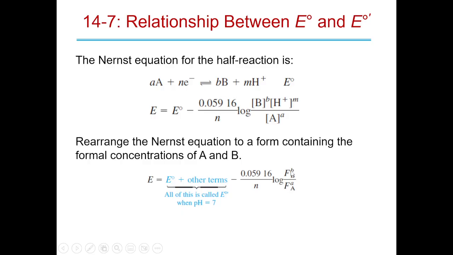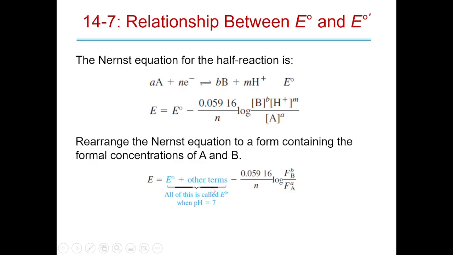And we were left with the formal concentration of the product over the reactant to the power of its coefficient. When this is pH 7, this entire term in blue, the E0 plus the other stuff, is going to be an E0 prime. So the E0 prime has those other terms that we've taken out of here.